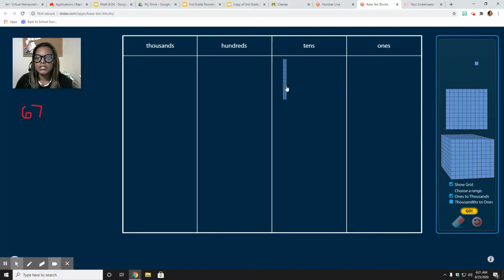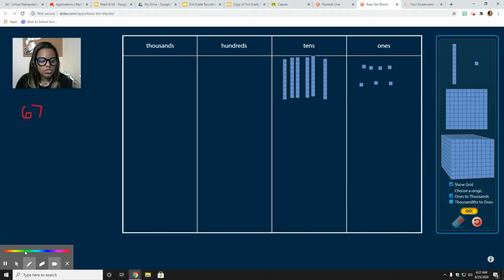We need 6 tens: 1, 2, 3, 4, 5, and 6. We also need 7 ones: 1, 2, 3, 4, 5, 6, 7. Very good. Let's do a check. 1, 2, 3, 4, 5, 6. 1, 2, 3, 4, 5, 6, 7. Very good. That matches 67.